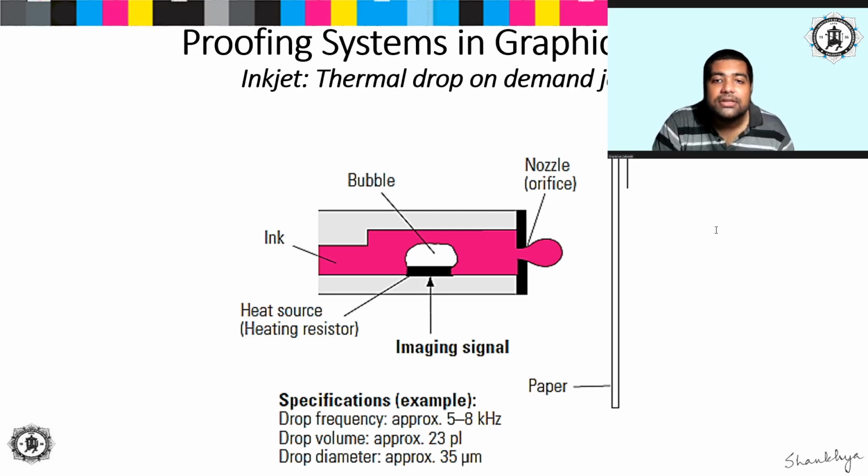From this reservoir, the ink gets into the droplet generation chamber provided with a nozzle, into which the ink enters through capillarity. On one side of the chamber, there is a heating element in the form of a thin film. So this is basically the heating material that you can see in front of you.